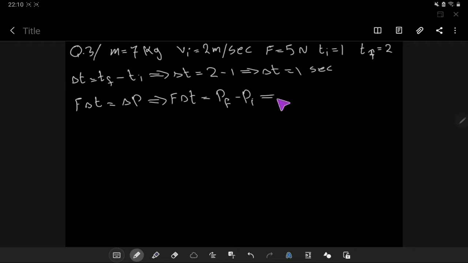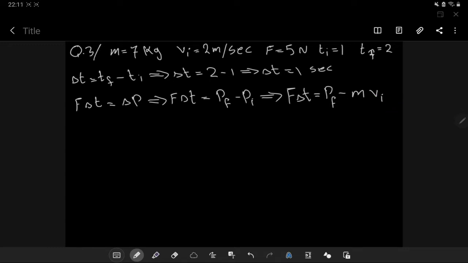We need to find P final because we need to find the velocity, and we will find the velocity by first finding P final. P initial we have, which is m v initial.